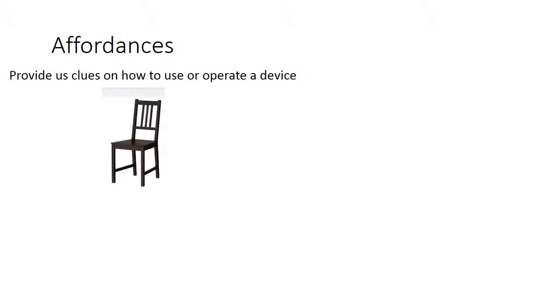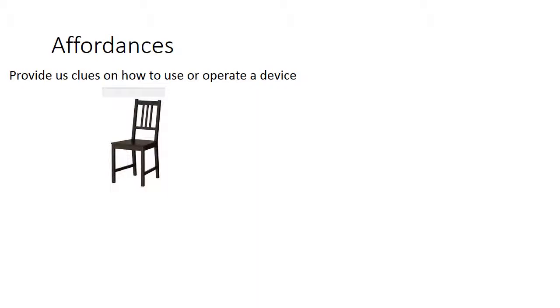Okay, so let's talk a little bit about what affordances are. Again, affordances are the features of objects or instruction that provide us clues on how to use or operate the device. Let's take a really simple example, a chair. Now, you might say, well, gee, that's a pretty simple device. And yes, it is. Have you ever noticed that no chairs come with instructions?